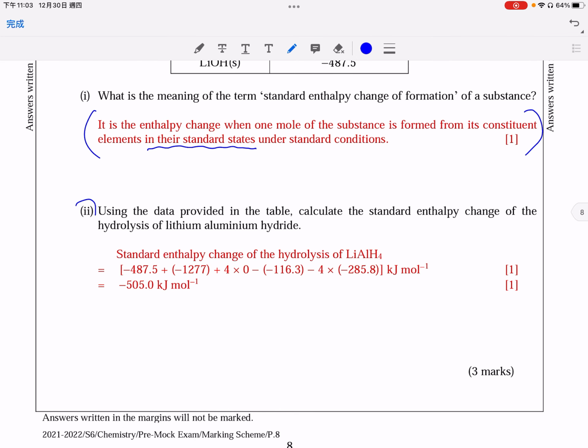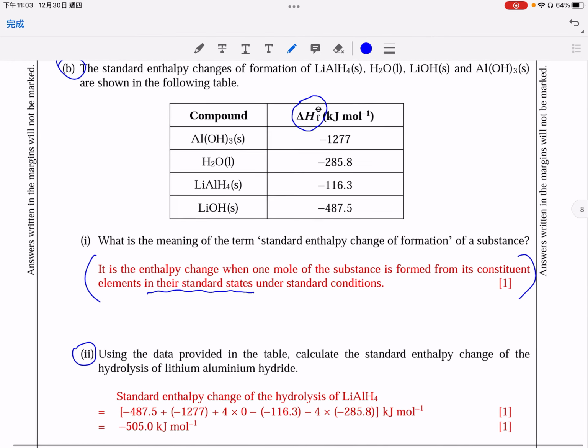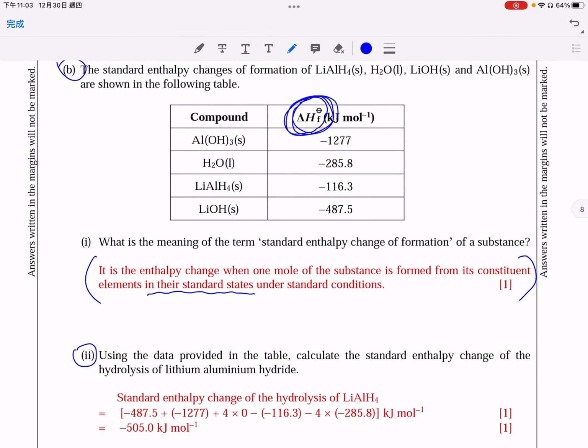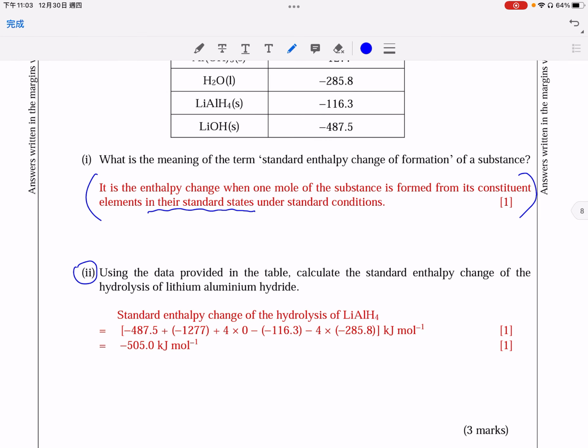In the calculation, make sure you know that you are provided with the standard enthalpy change of formation, the data, and therefore in your calculation you should use the method standard enthalpy change of formation of products summation minus the summation of delta HF of the reactants.